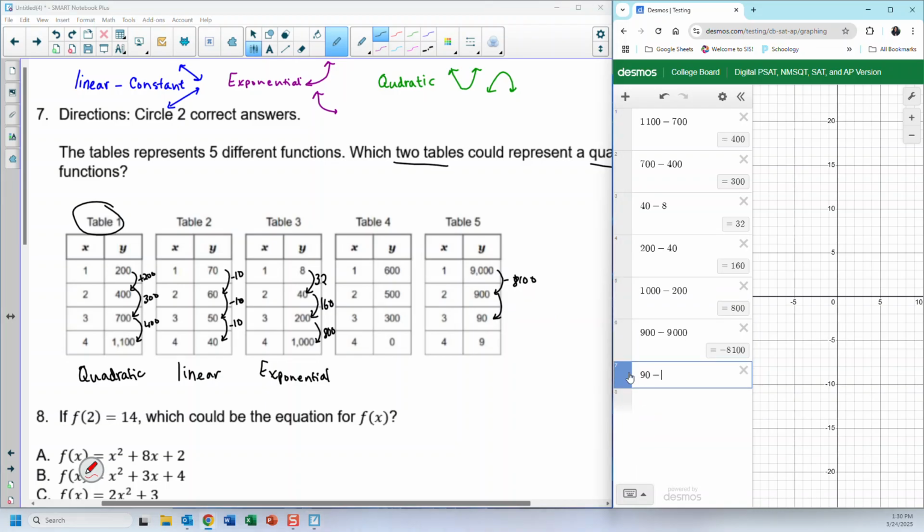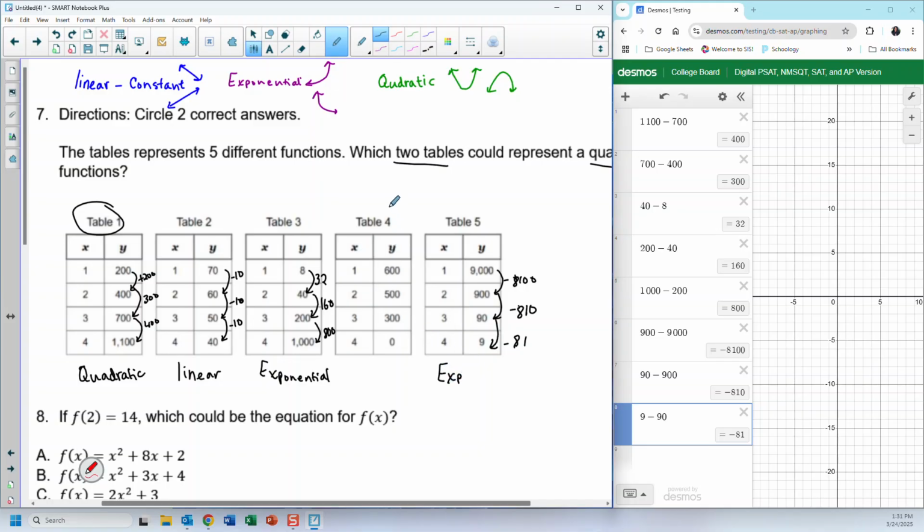But it looks like it is a 90 minus 900 is decreasing by a very different number, 810. Looks the same, but that's a big difference. And then this one is 80 minus 81. So this is also exponential, which means that table number 4 must be my quadratic, but let's check.